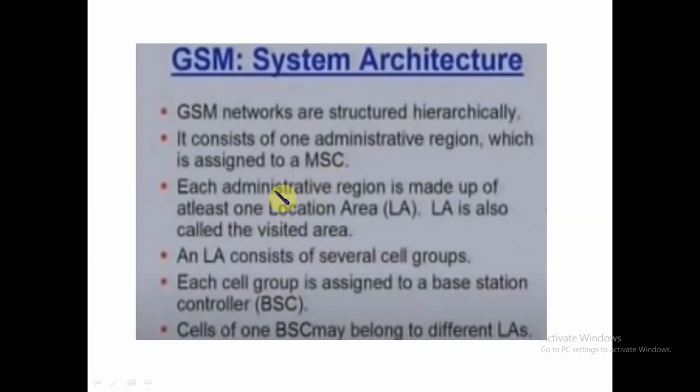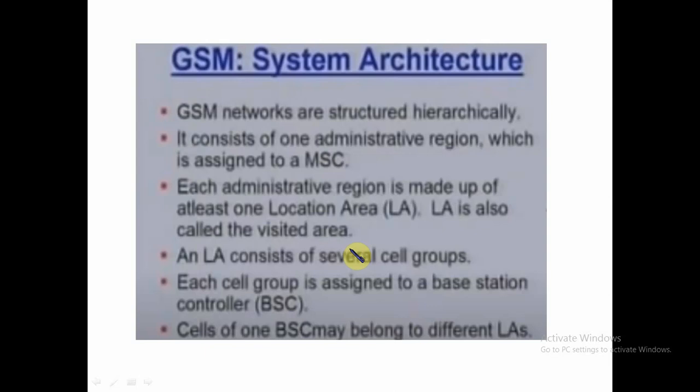In our previous lecture, we saw how the mobile switching center acts as a smart switch. Each administrative region is made up of at least one location area, that is the LA, and the LA is also called a visited area.